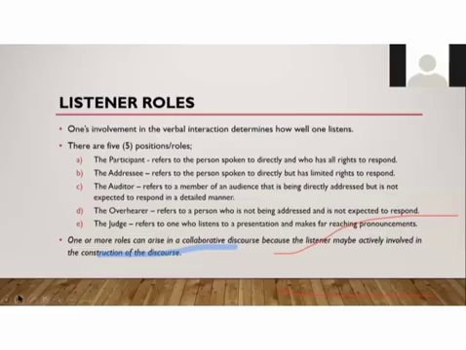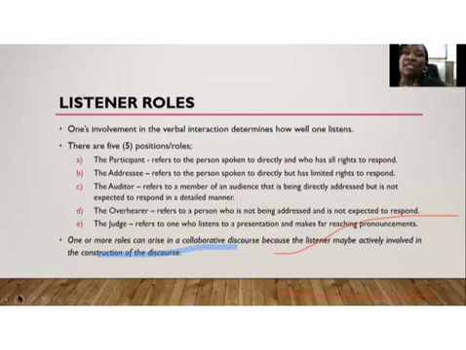And only those that are going to drop at that bus stop will respond. And the response is not a detailed response, probably just one word. There's no detail involved. So that's the role of the auditor.